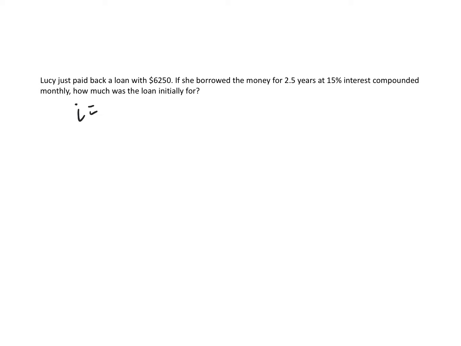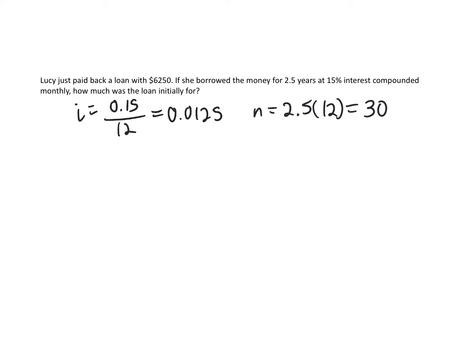Another example, I is 15%, but it's compounded monthly, so divide by 12. We get 0.0125, N, well, it's 2.5 years, times 12, so it would be 30. Now, we know the future value, we don't know the present value, so we use this formula.